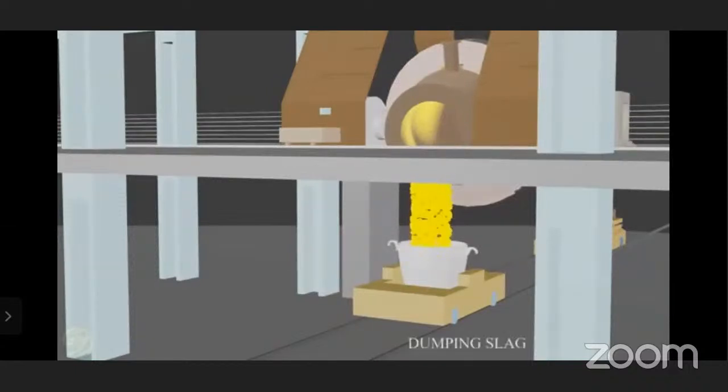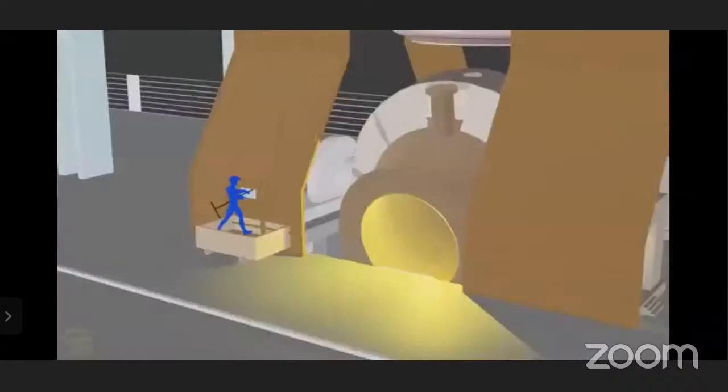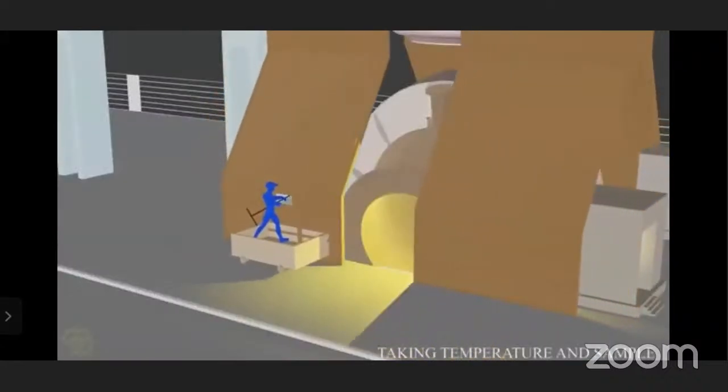The waste material we call slag, right? So this is what we call dumping of slag also. The yellow material is called slag, we can say. Temperature and samples are taken.